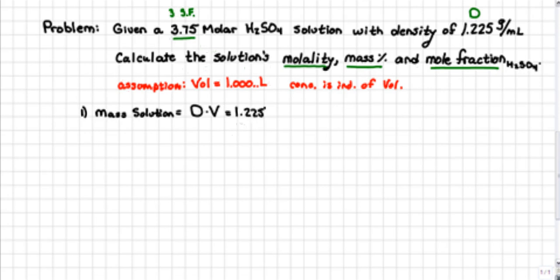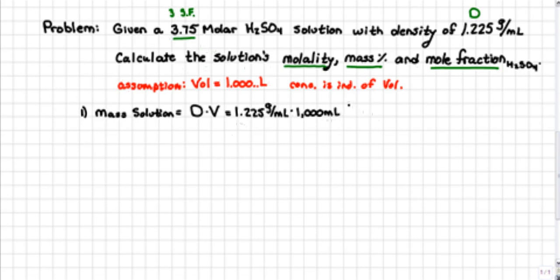The density was 1.225 grams per milliliter. The volume, well, we assumed it was 1 liter, which is perfectly fine, but note that we have to have the volume now in milliliters units, not in liters units, and so I'll multiply this by 1,000 milliliters, which is the same thing as a liter.